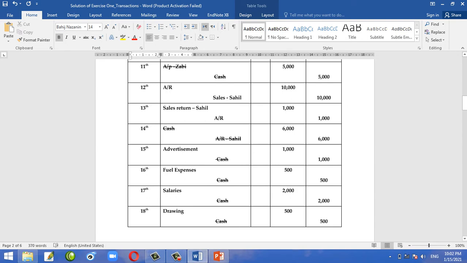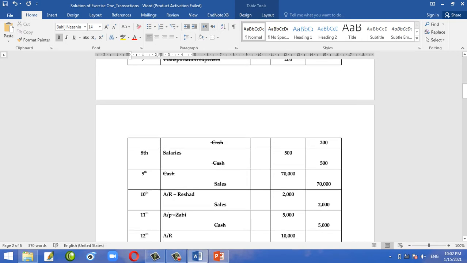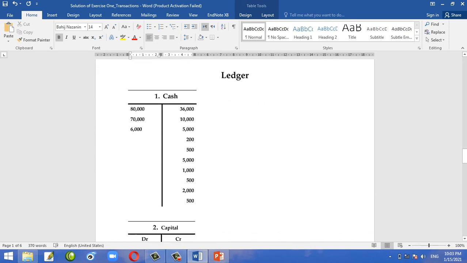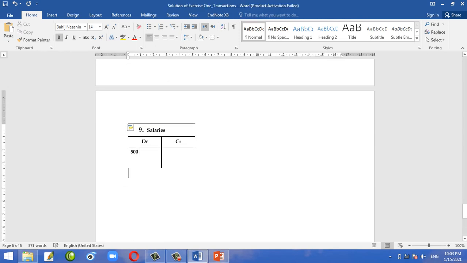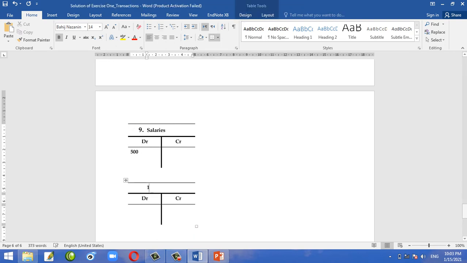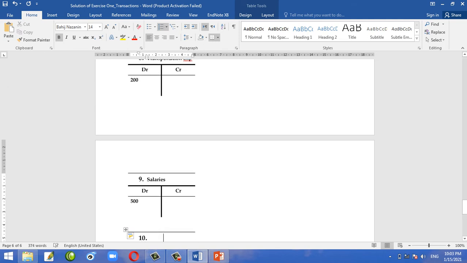On 8th of October we had 500 as salaries. That is worth 500 as debit. You can write 500 here. So the next one is that is 10th or number 10.